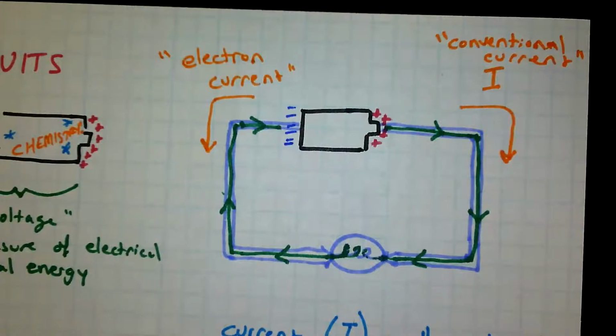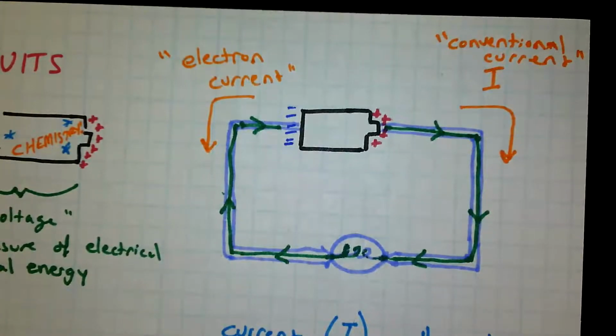The way we think about it is positive charges that flow through the wire going from positive to negative. That's called conventional current. But what's actually happening is it's electrons, which are negatives, that are going the opposite way. And electrons go from negative to positive.